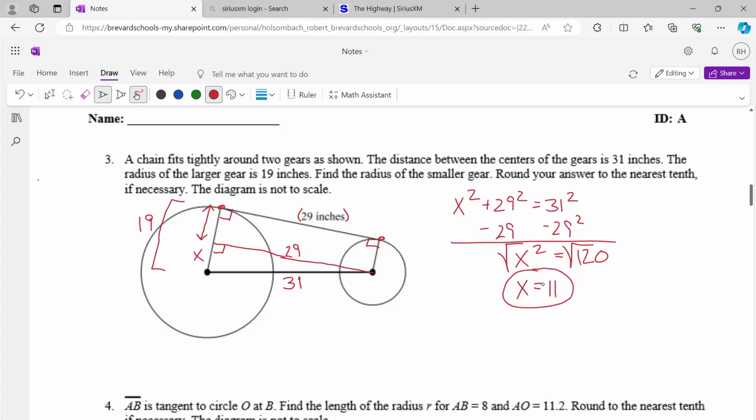Now, that's what our x is equal to. That's what this piece is equal to, okay? If that piece is equal to 11, then the radius of this smaller circle is equal to 19 minus 11. And 19 minus 11 is 8. So the radius of the smaller gear, that's 8.